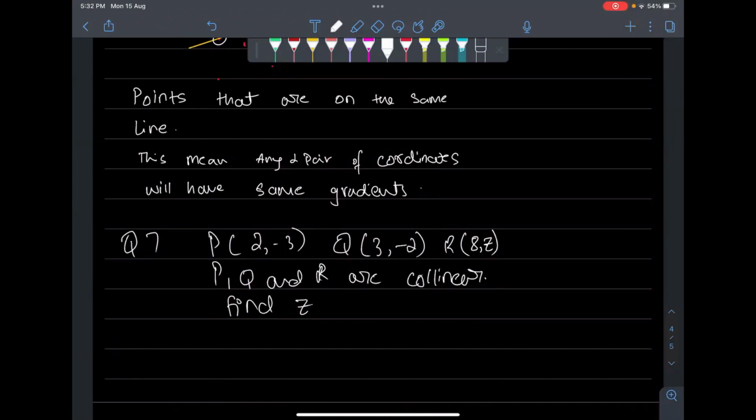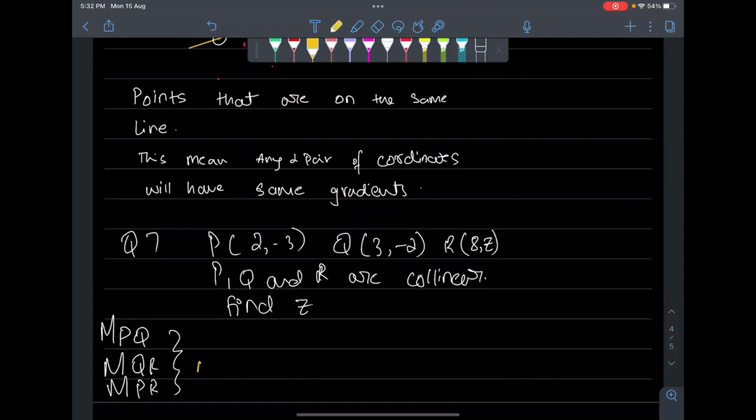Now if you look at question 7, P, Q and R, these 3 points are collinear. That means if I make gradient of PQ, gradient of QR, gradient of PR, all 3 will be equal.